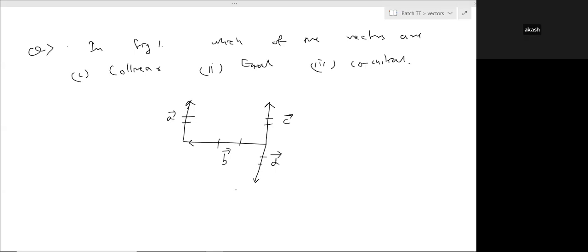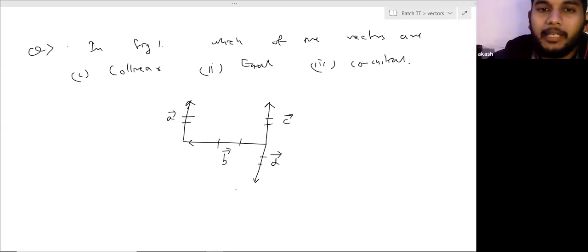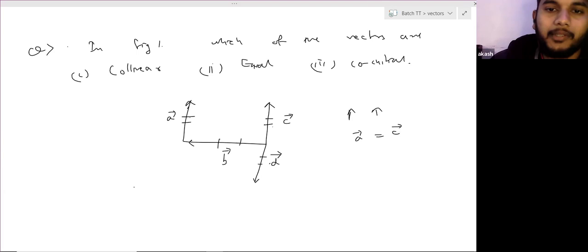All right. So we can see A and C, their directions are equal, right? Both are moving upwards. So A is equal to C vector, and C and D, if you see, have opposite directions but same magnitude. So they are collinear, right? Parallel vectors.